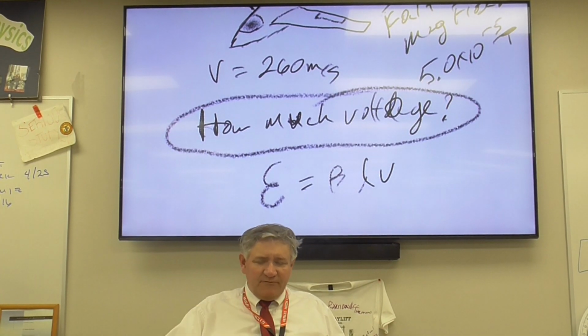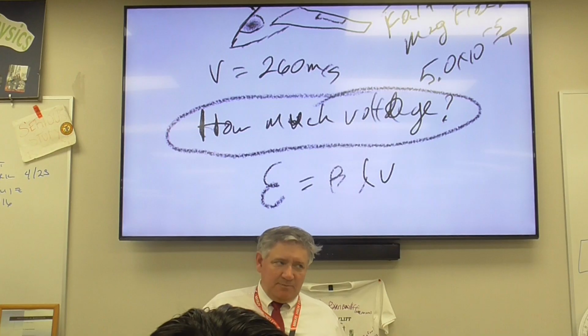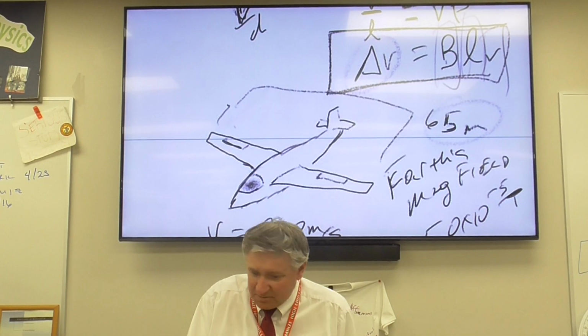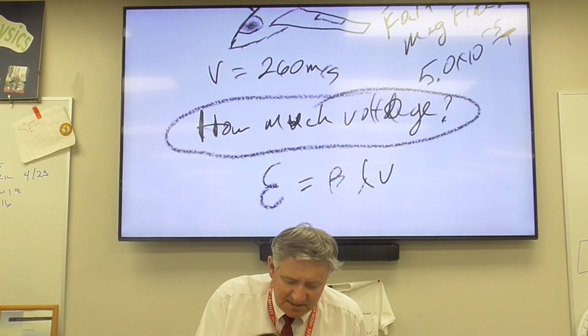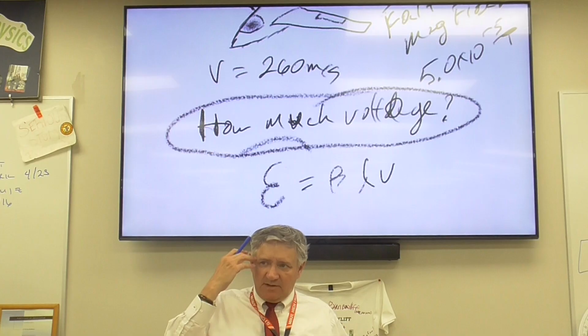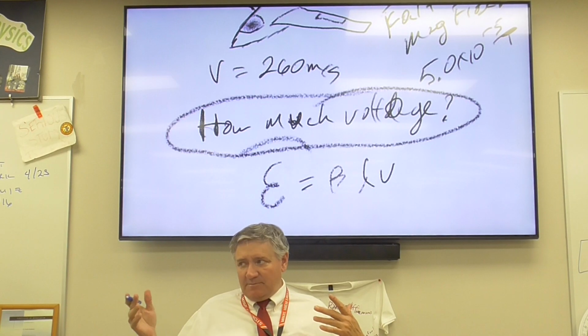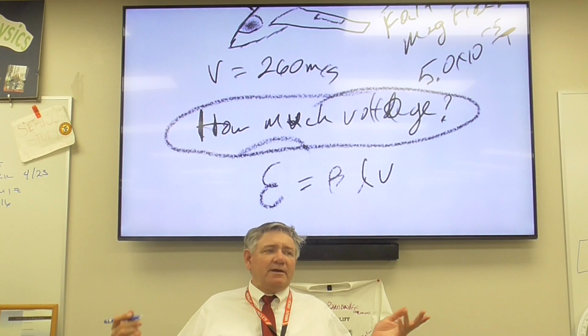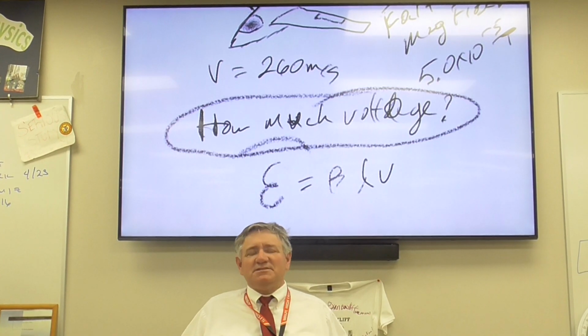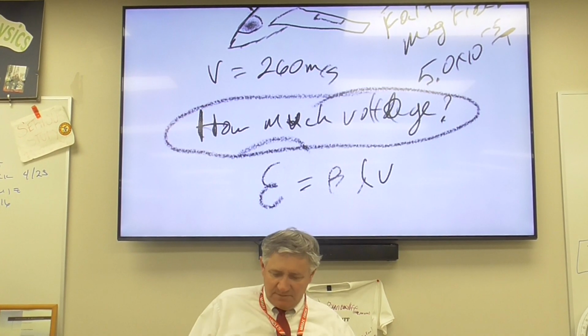Electromotive force and voltage mean the same thing. So if you write that as delta V equals BLv, it means the exact same thing that's on your equation sheet, but they have it in terms of the electromotive force. So don't flip out and say, oh my God, the equation isn't on the equation sheet. It is, it's just giving us the electromotive force.